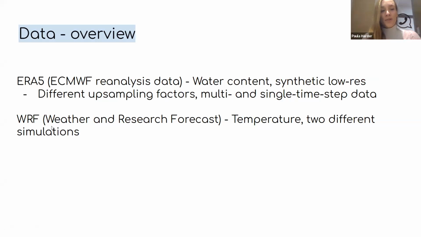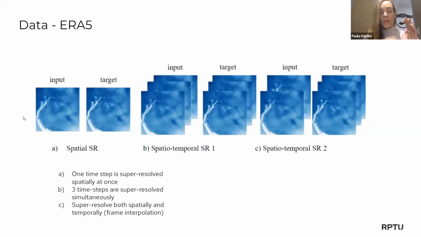But then we are also interested in how it performs for actually two different simulations. So if we run a model at low resolution and then try to get to the same model at higher resolution, where of course there's some bias in there, this is the WRF data set. And so for the ERA5, we had those three types of data set.